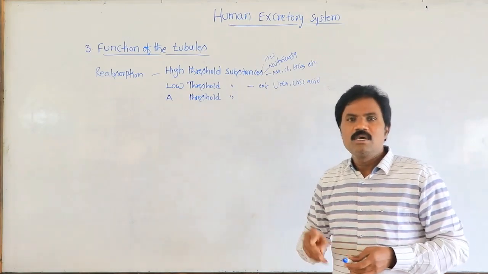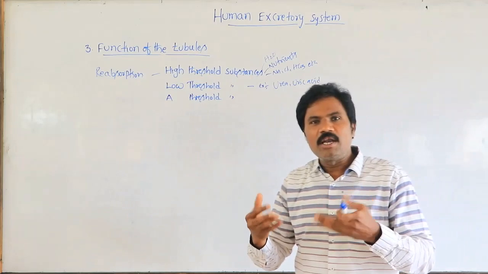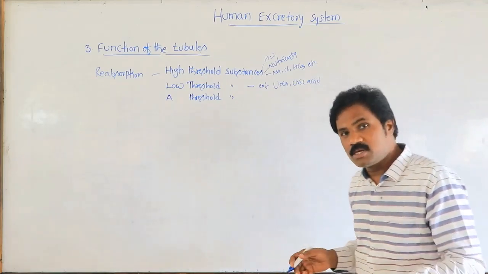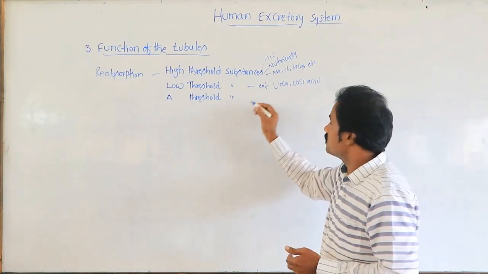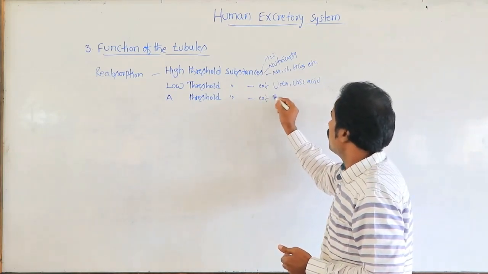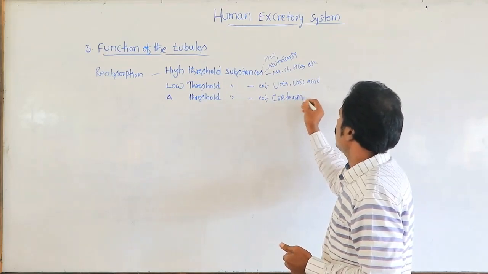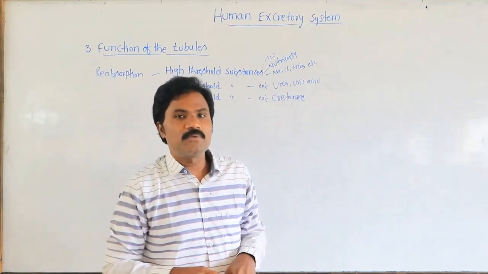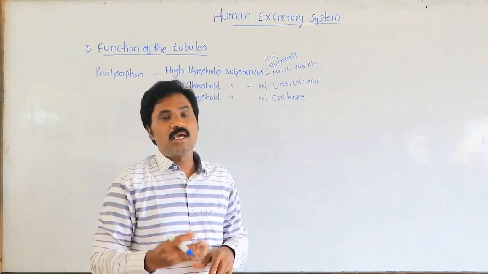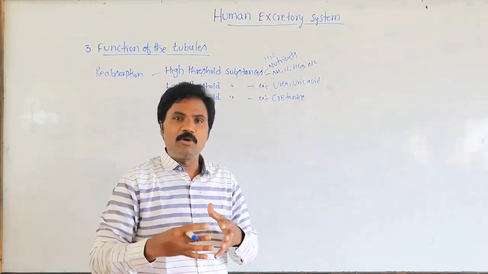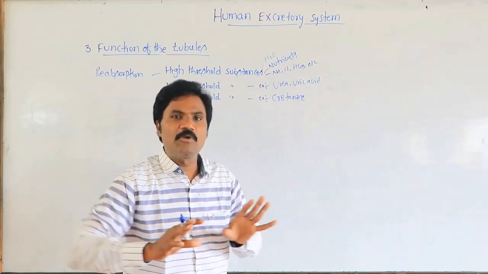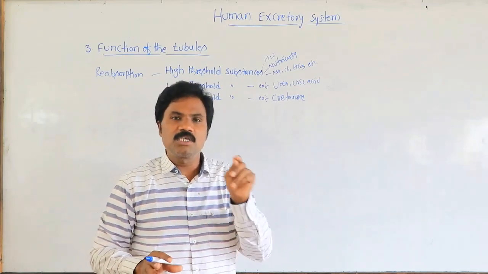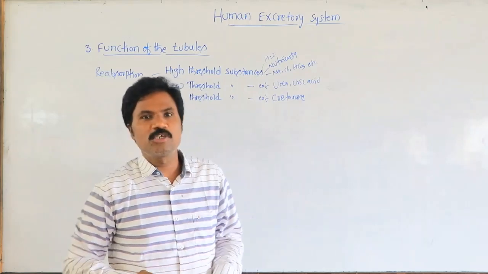A threshold means the body never reabsorbs these substances. Such substances we call a threshold substances, for example creatinine. Creatinine is never reabsorbed, as it is a toxic material harmful in our body, and the body is ready to eliminate it.